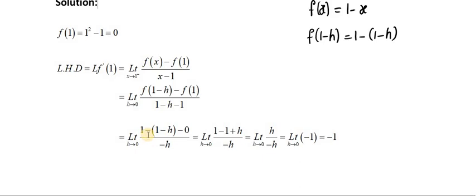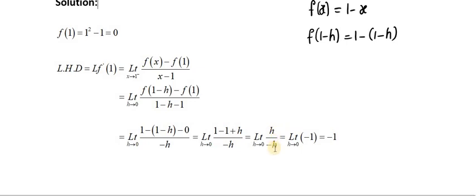Here also multiply with minus sign. Minus into 1 is minus 1. Minus into minus h is plus h. Now in the numerator also cancel positive 1 with negative 1. Then we are going to get h as numerator.